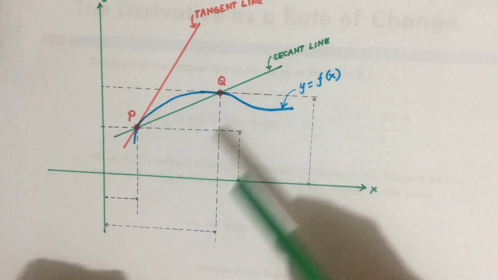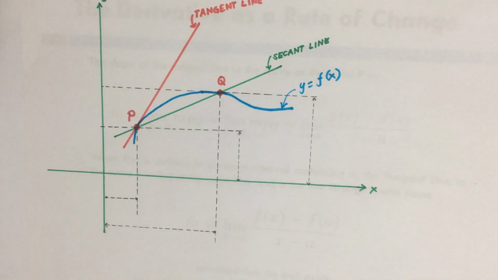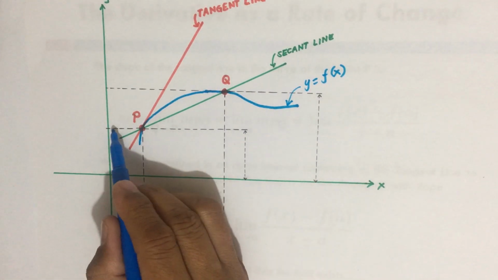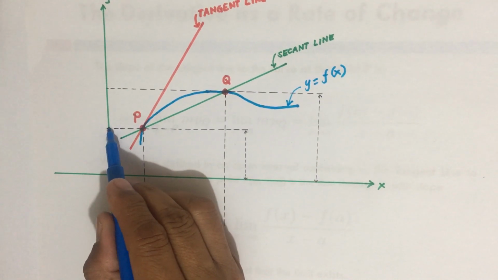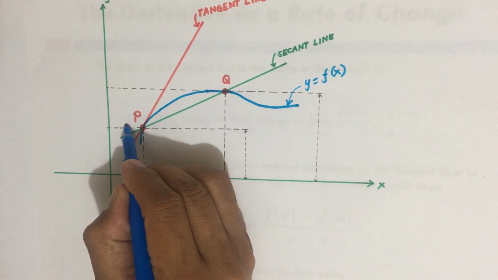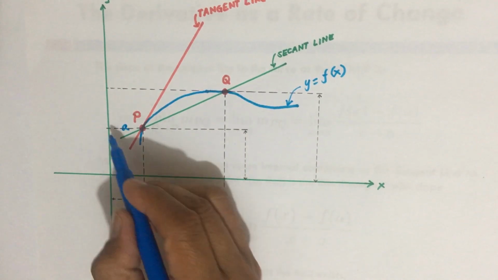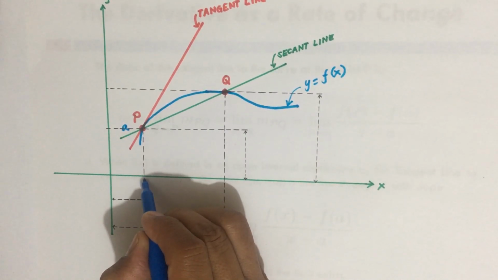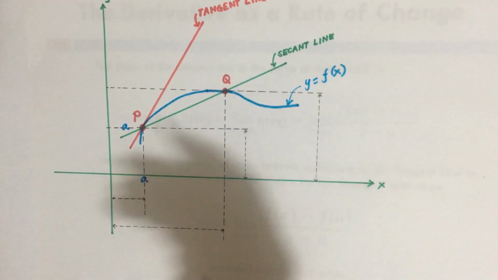If we let a be the distance from the y-axis to that point P, then we put a here.